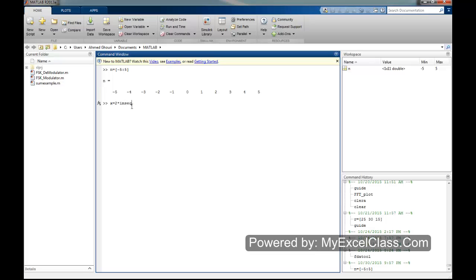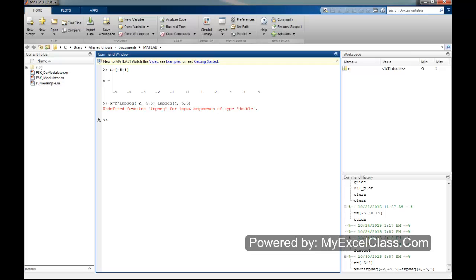This is an inbuilt command within Matlab to create an impulse sequence, bracket open, minus 2 comma minus 5 comma 5 bracket close, and I'm subtracting another impulse sequence from this sequence, 4 comma minus 5 comma 5 bracket close.